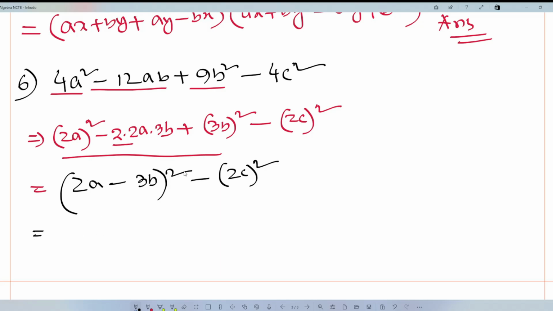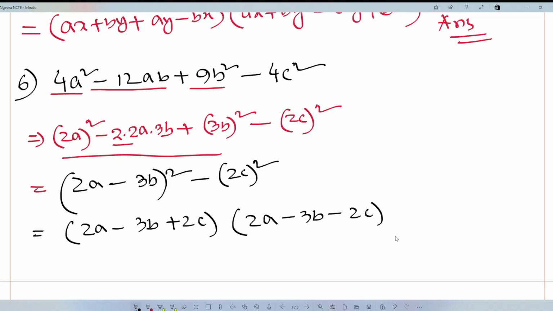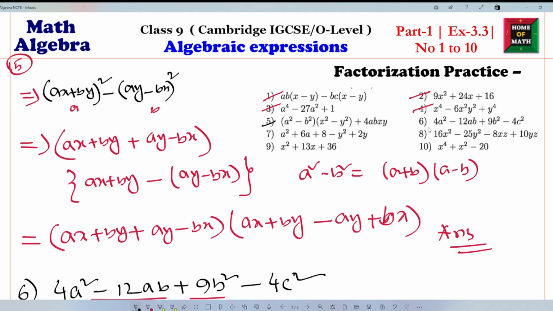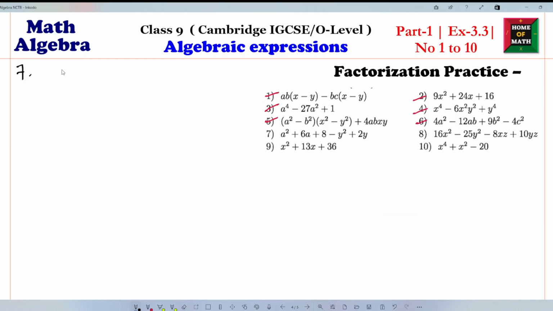Now it's looking a square minus b square, so we can write 2a minus 3b plus 2c, again 2a minus 3b minus 2c, and this is our answer. So number 6 done. Number 7, here is a square plus 6a plus 8 minus y square then plus 2y.